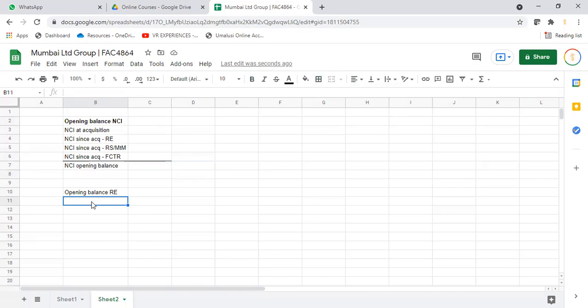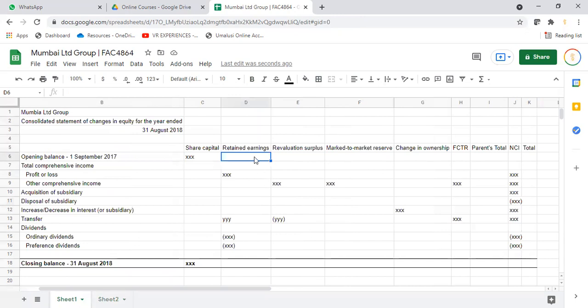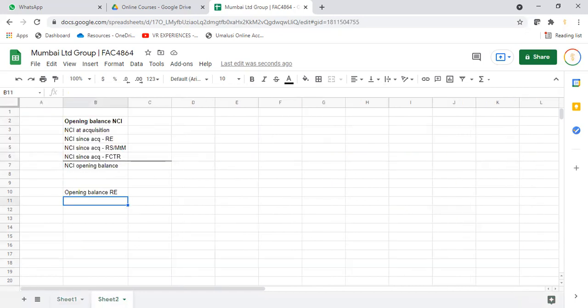Now we're going to do opening retained earnings. This refers to the opening retained earnings over here and over there. The opening retained earnings over here is the parent's portion. So what is it going to be?